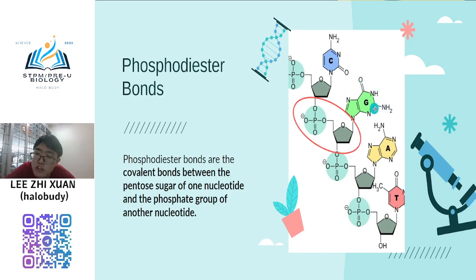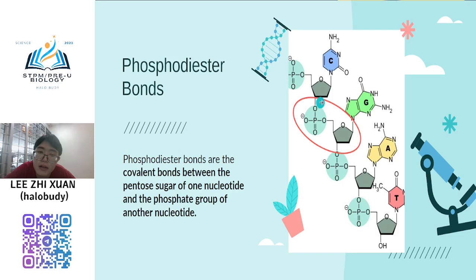This one is G, and this is the basic unit of the nucleotide. And then, you will see this part, the phosphate group is bonded with another pentose sugar, another nucleotide, which is C. The nitrogenous base is C, bonded with another nucleotide.